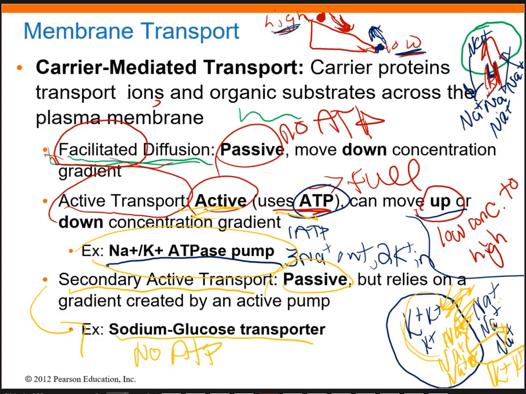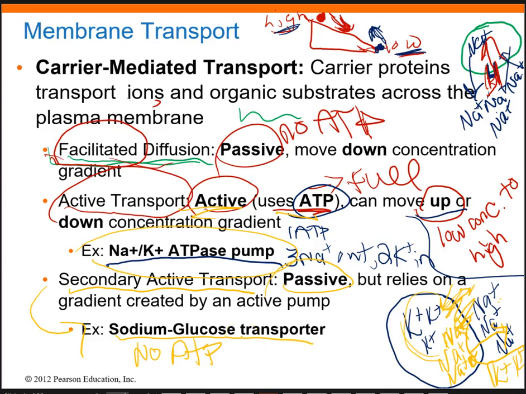However, it relies on a pump that does use ATP. Okay, it relies on the gradient that's created by an active pump. So it wouldn't work if there wasn't a different pump that was active. Okay, but this pump itself does not actually use ATP. It is actually passive. That's why it's called secondary active transport.